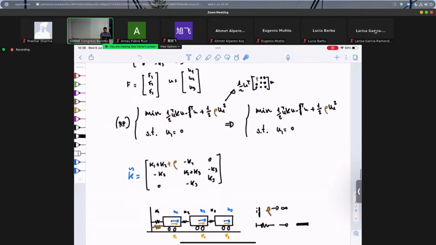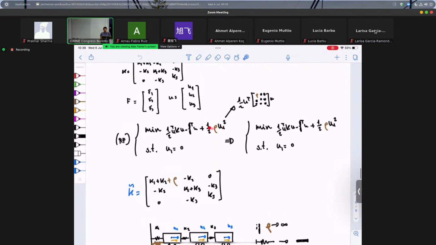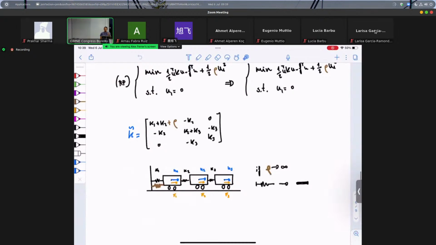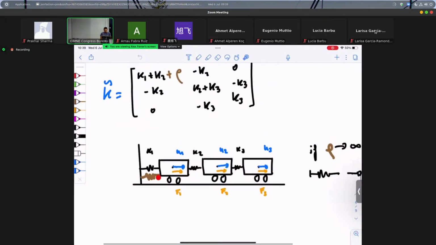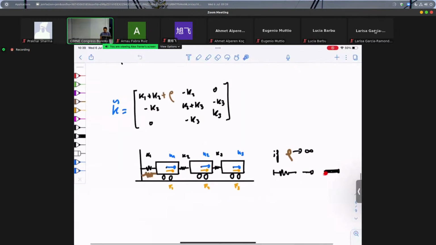So in fact, you can add it and put it here in the 1-1 term. Okay, so you just put it here. Then how can you interpret it in this sense? You can see it like a spring in this problem. And when rho goes to infinity, it's like an infinitely rigid bar.